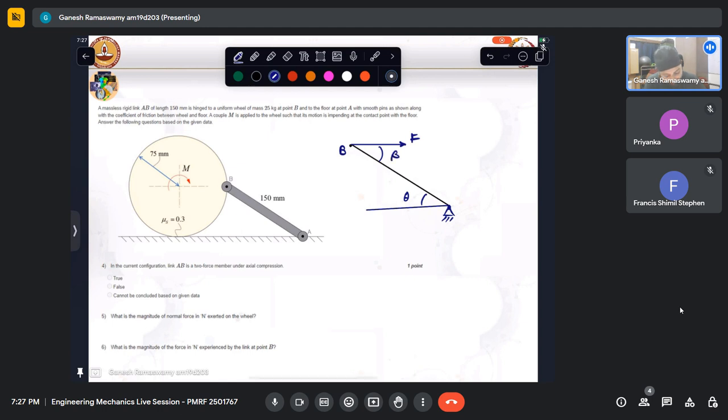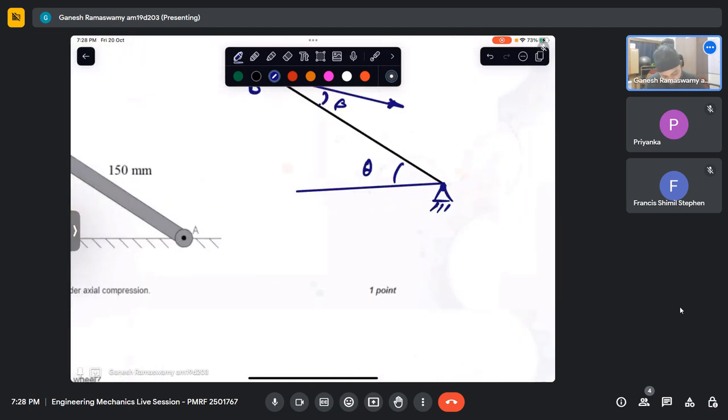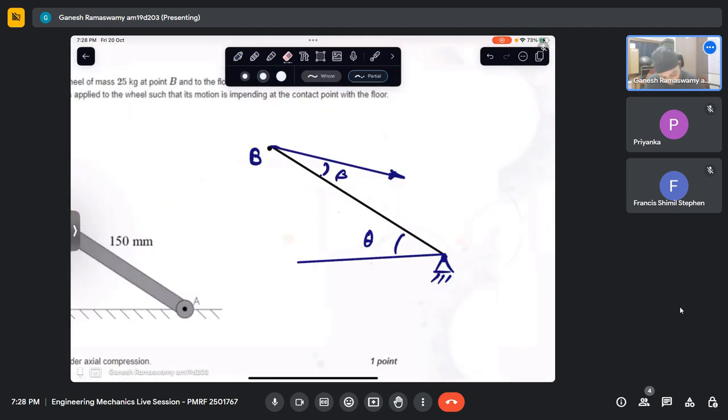I shouldn't have drawn it parallel. What I intended to say is, force is in some generic direction. Let this be some beta.